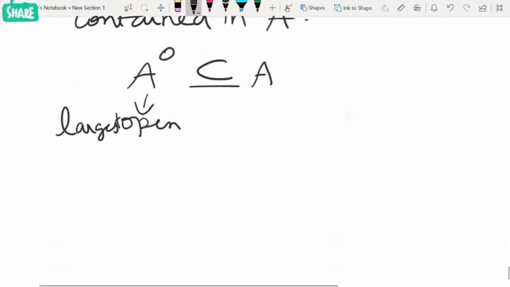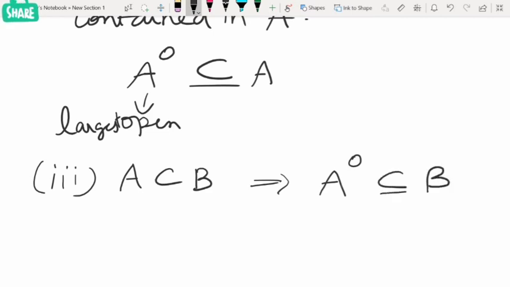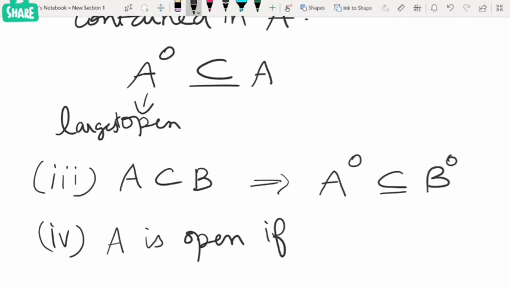Third one is, if A is a subset of B, then the interior of A is also a subset of the interior of B. Fourth, A is open if and only if A is equal to its interior.